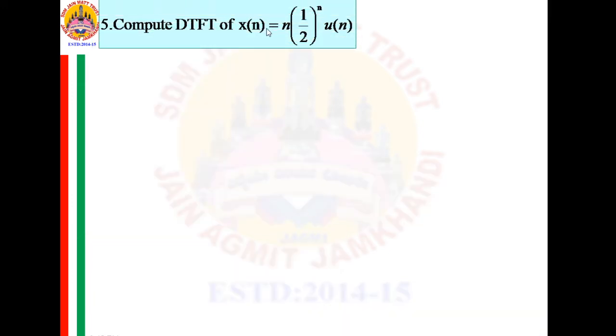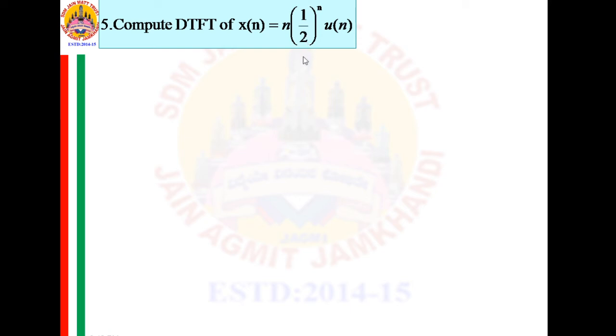Now we are supposed to find the DTFT of n times 1 by 2 raised to n u[n]. We already know the DTFT of 1 by 2 raised to n u[n]. Now, this is multiplied by n. So, when x[n] is multiplied by n, you are supposed to use the differentiation in frequency domain property.